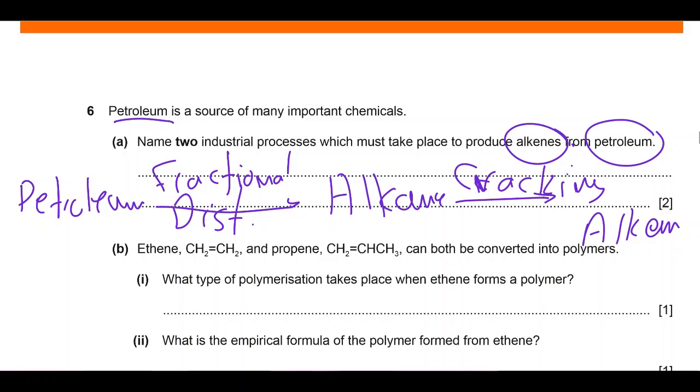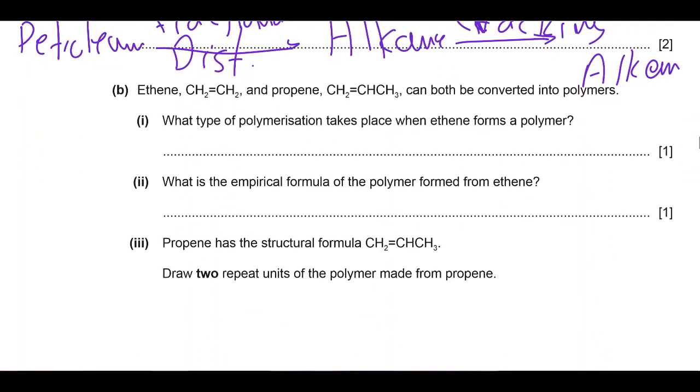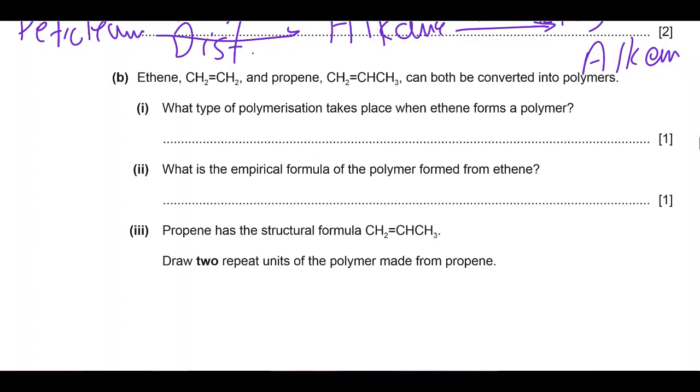And in the next question, ethene and propene can both be converted into polymers. What type of polymerization takes place when ethene forms a polymer? This question is the same as the previous one. Here you have alkene converted into polyalkene, which is the name of the polymerization.